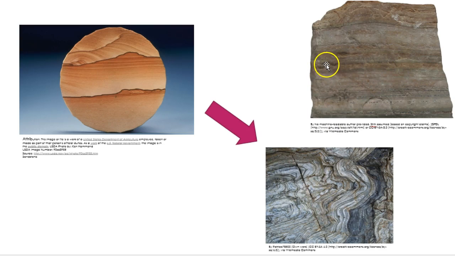There again, you've got that foliation, those different light bands and dark bands through this. This one here shows extreme, not only foliation, but folding. You can see how much pressure this sandstone must have been under to bend it like that. That sort of heat and pressure causes a change to happen in sandstone. Quartzite is a lot harder and a lot stronger than sandstone.